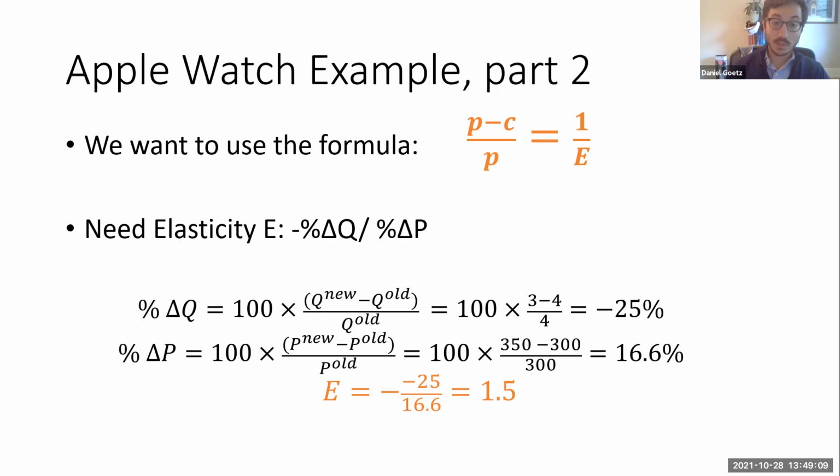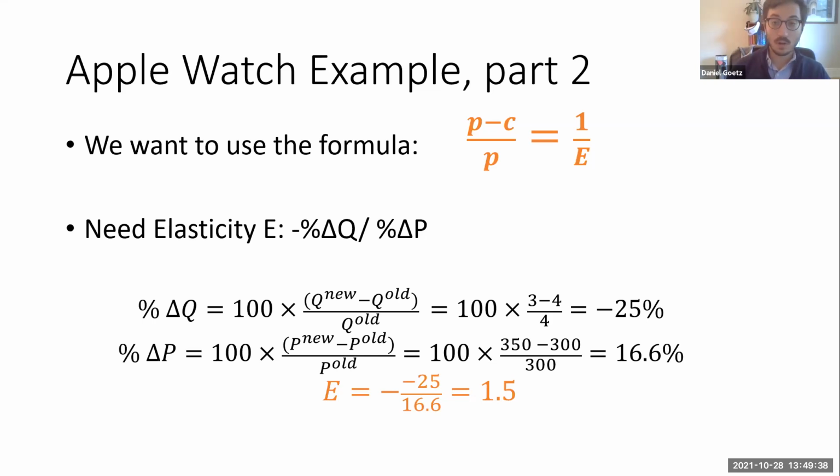Does this ignore external factors? It does, right? So the survey that they ran is kind of an all else equal experiment for it to be valid, right? We say like, what if we increase the price? How much less would you buy with nothing else changing? If we're raising the price and other things are happening, then this does not reflect just the price elasticity of demand. It reflects other things too.